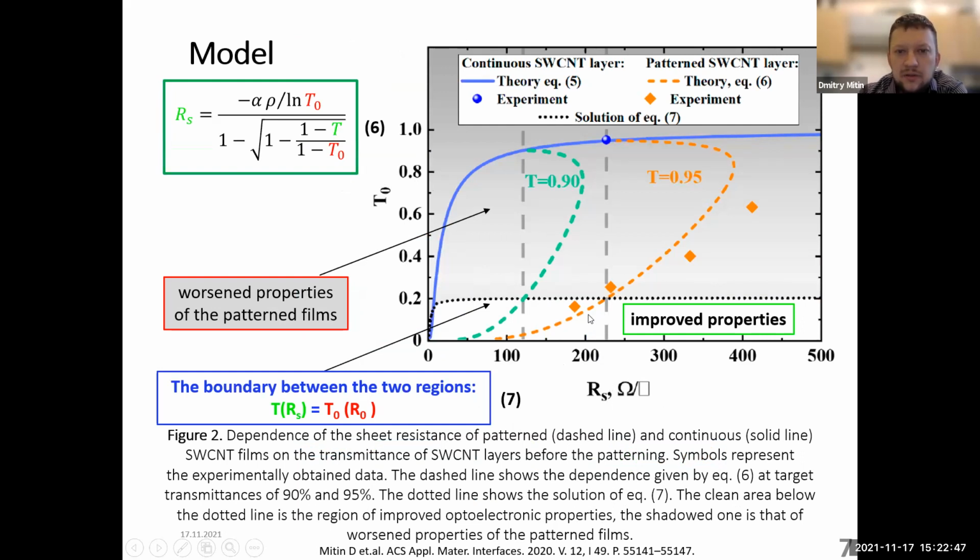And you can see that if we use initial layers with low transmittance, we can improve properties of patterned electrodes compared with properties of the continuous layer. It is a white area, and the gray area is where properties of the patterned electrode are worse, not better than the continuous layer.